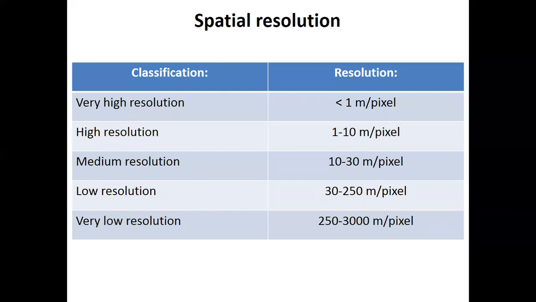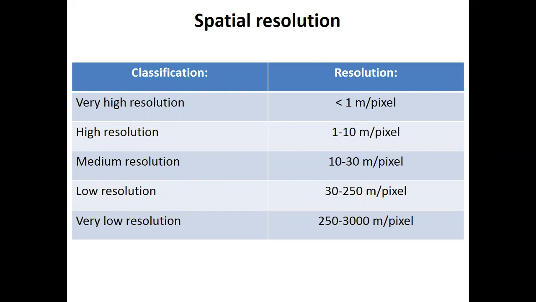Also, there is something called high resolution, between 1 and 10 meters per pixel. And most of the images we will deal with are usually of so-called medium resolution. Previously it was called high, but nowadays it is regarded as medium, from 10 to 30 meters per pixel. There are also a number of satellites equipped with sensors of pretty low resolution, many of them publicly available, providing their data online.